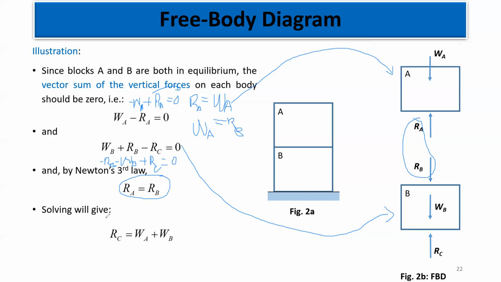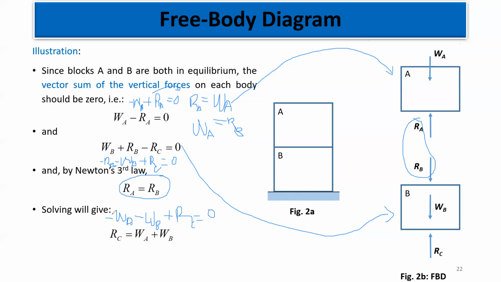So I can say that minus WA minus WB plus RC, everything there should be equal to what? 0.